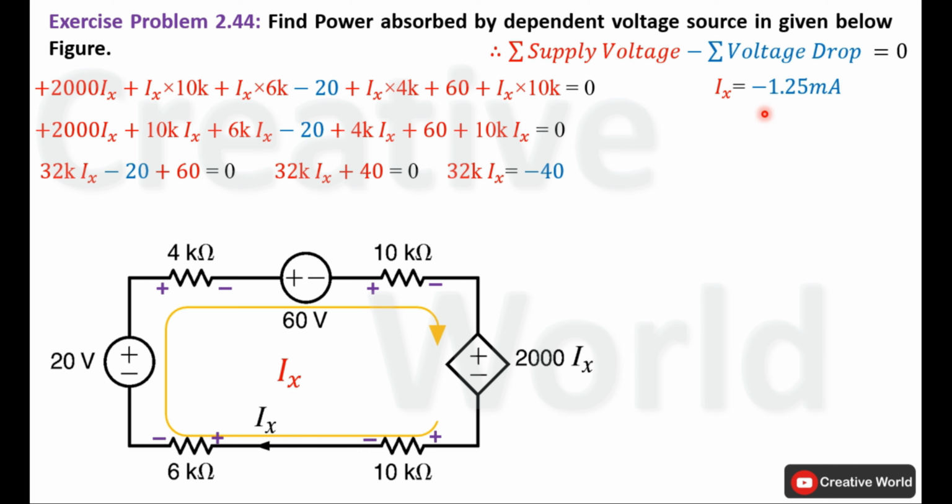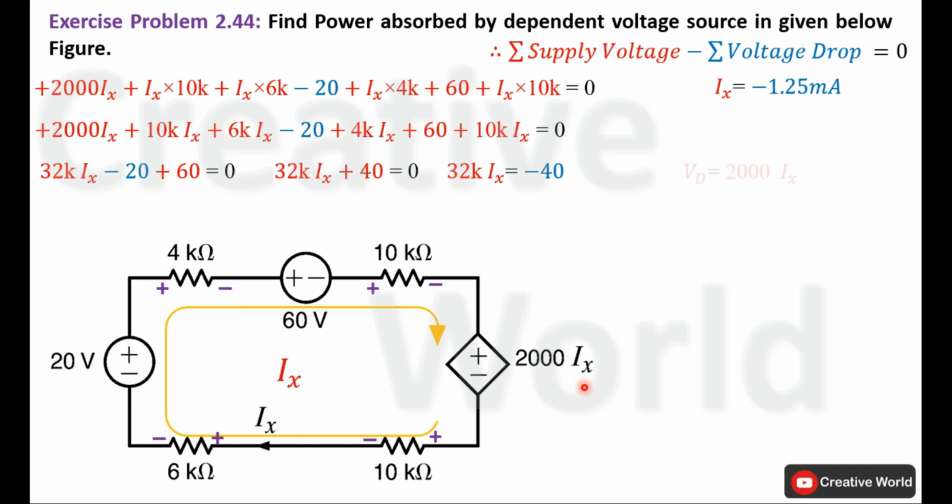Here the minus sign along with the value of current Ix indicates that the direction of current inside this closed loop circuit was taken in the wrong direction. The actual direction of current Ix inside this network is counterclockwise. We have calculated the value of current Ix, so we can calculate voltage across this dependent voltage source, which depends upon the value of current Ix.